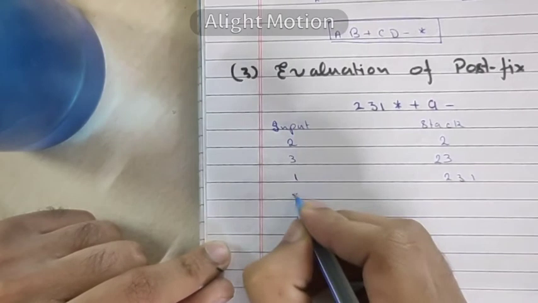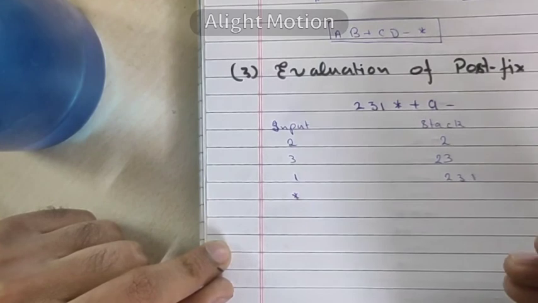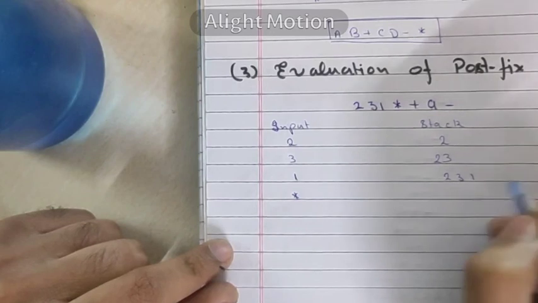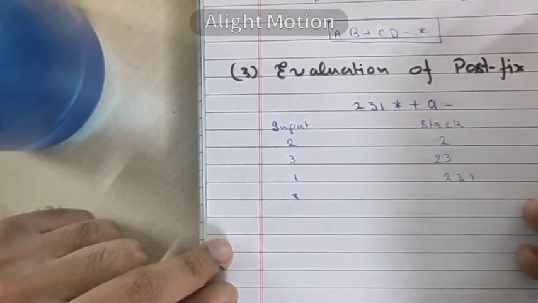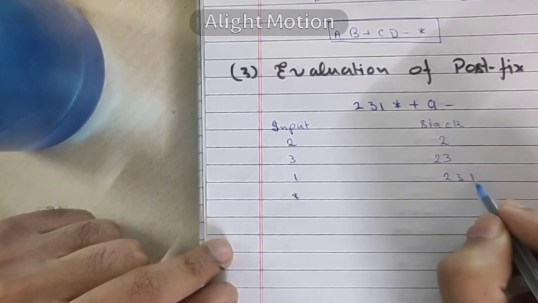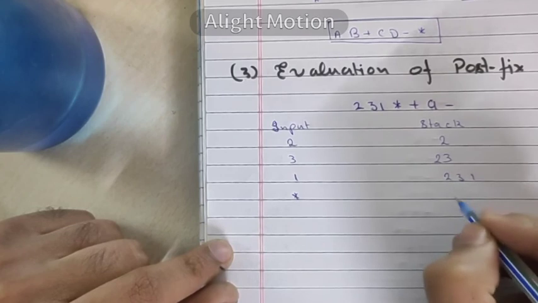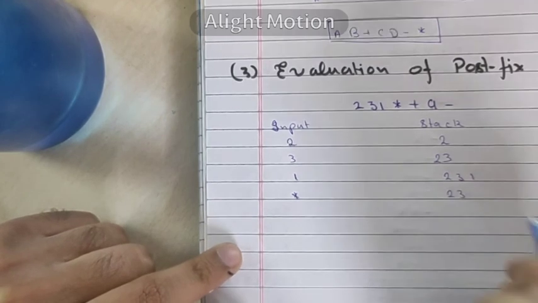Now we have star, which is an operator, so we pop out the two operands 3 and 1, apply star, and push the answer again. 3 star 1 will be 3, so the stack is 2 3.